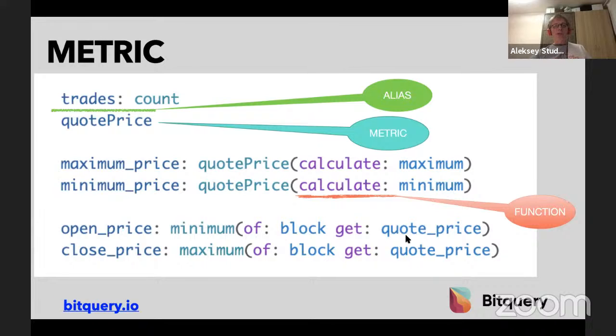Internally, it works like this. But in GraphQL queries, it can even be read as a sentence. Minimum block get quote price. It's like natural language. It's kind of fun.